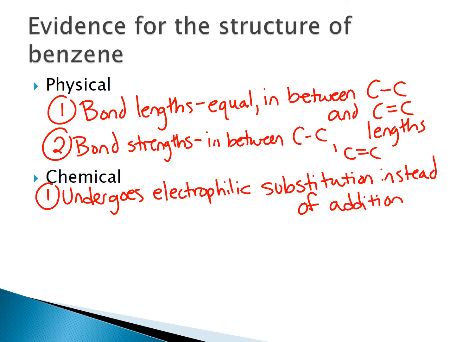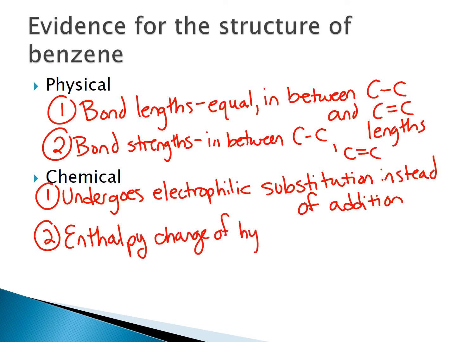And secondly, an interesting piece of information that was really key in the structure of benzene is what happens with the enthalpy changes of hydrogenation. So hydrogenation is basically adding a hydrogen across a double bond.